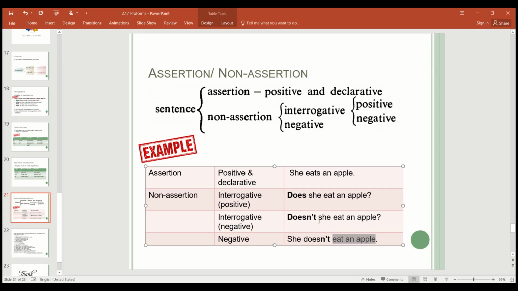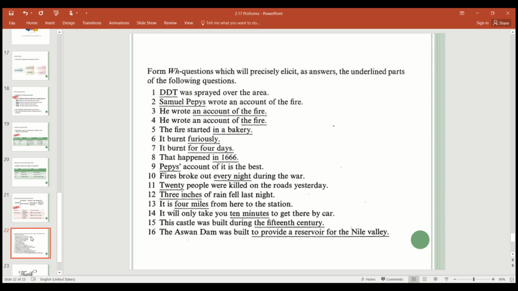So it has to do with whether we're questioning the predication, or we're negating the predication. In this case, the sentence is non-assertion. While in case of just stating and asserting the predication, then the sentence is assertion. This is all about assertion and non-assertion forms. Very easy, very short topic.